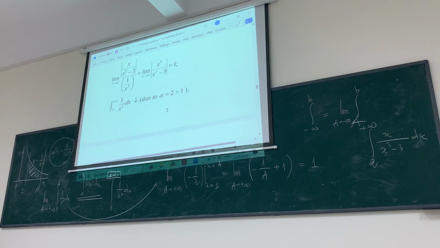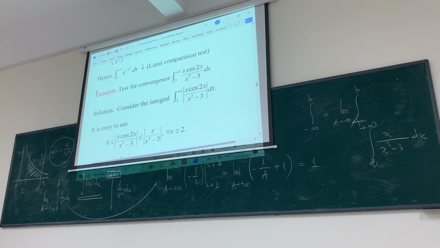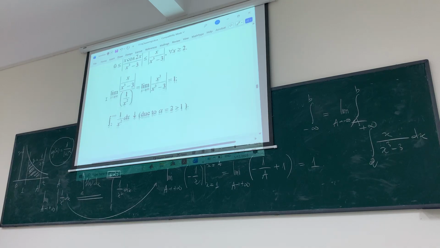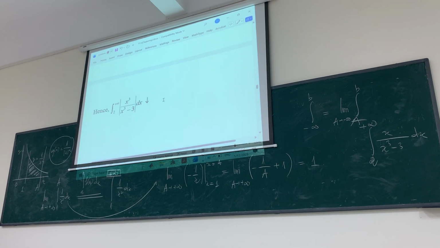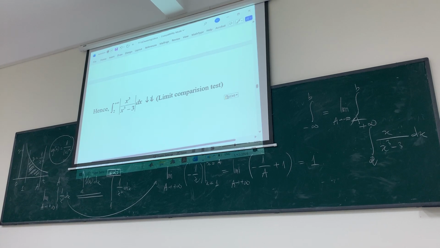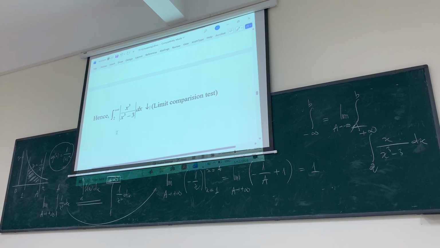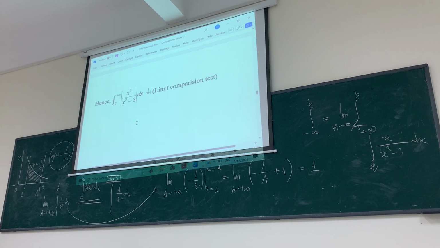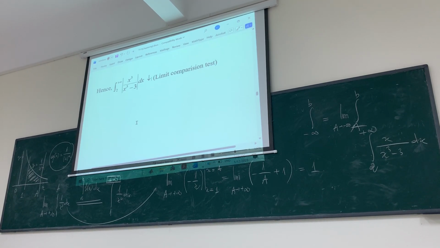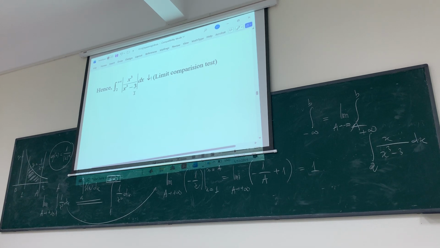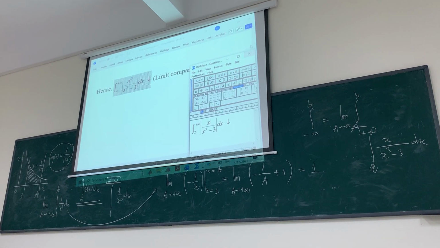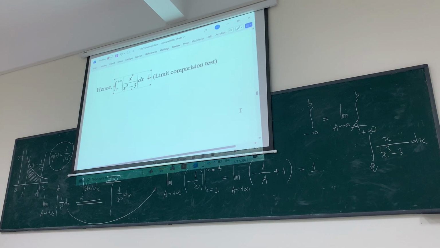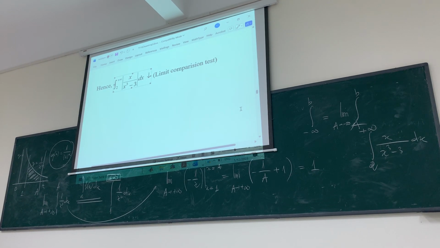Okay, and we have the improper integral from 2 to infinity of the absolute value converges.